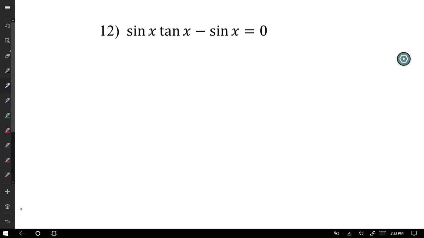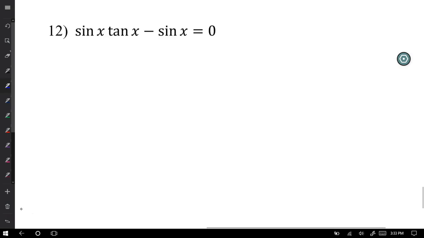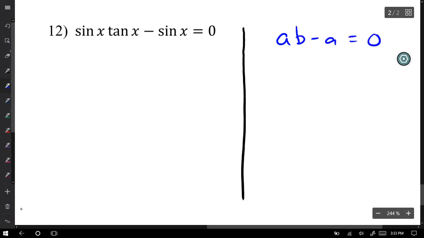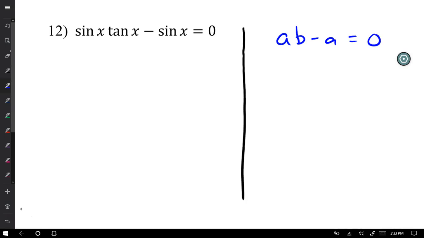How do I know? Well, if I'm stuck, what I'm going to do is imagine variables. So instead of sine, I'm going to use A, and instead of tangent, I'm going to use B. So really it's the same as AB minus A equals 0: sine of x, tangent of x, and sine of x equals 0.